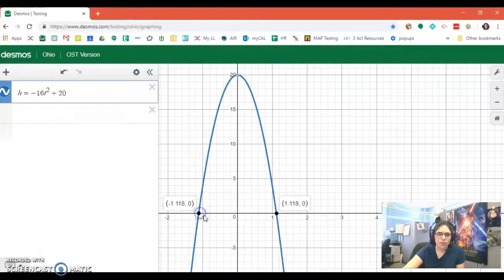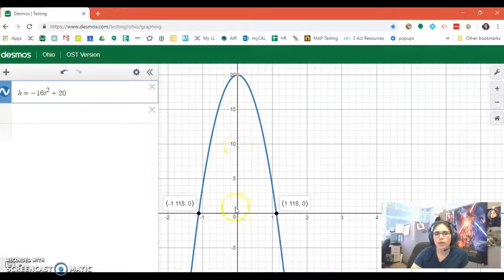Now I do not want to click on that other point, although it is also where h is equal to 0, because that is where time would be equal to negative 1. If time is negative, that's not really a thing that we are interested in because we're looking for how long it takes until the acorn hits, not when it hit in the past.